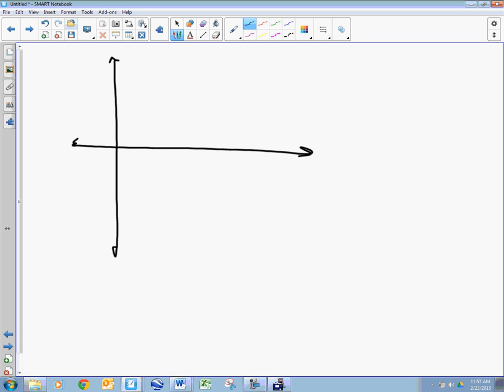I want you to know, as we move forward, everybody, a couple things. This is really important. First of all, we're going to take this kind of a shape, and instead of finding the area bounded between the curve and the x-axis, we'll find the area bounded between two curves.